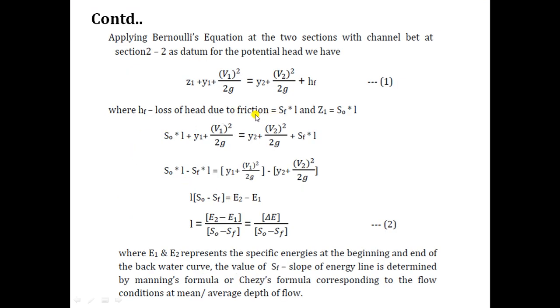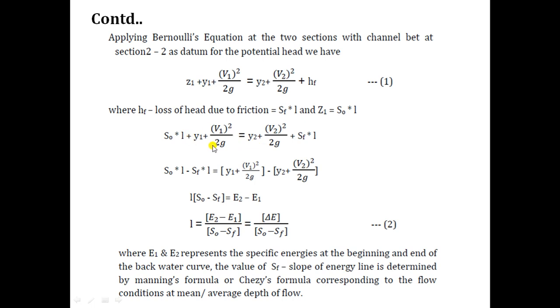So hf is Sf into L, and z1 is S0 into L. If we substitute these values of hf and z1 in equation 1, we will be getting S0 into L plus y1 plus v1 square by 2g is equal to y2 plus v2 square by 2g plus Sf into L. y1 plus v1 square by 2g represents the specific energy at section 1. Likewise, y2 plus v2 square by 2g represents the specific energy at section 2.